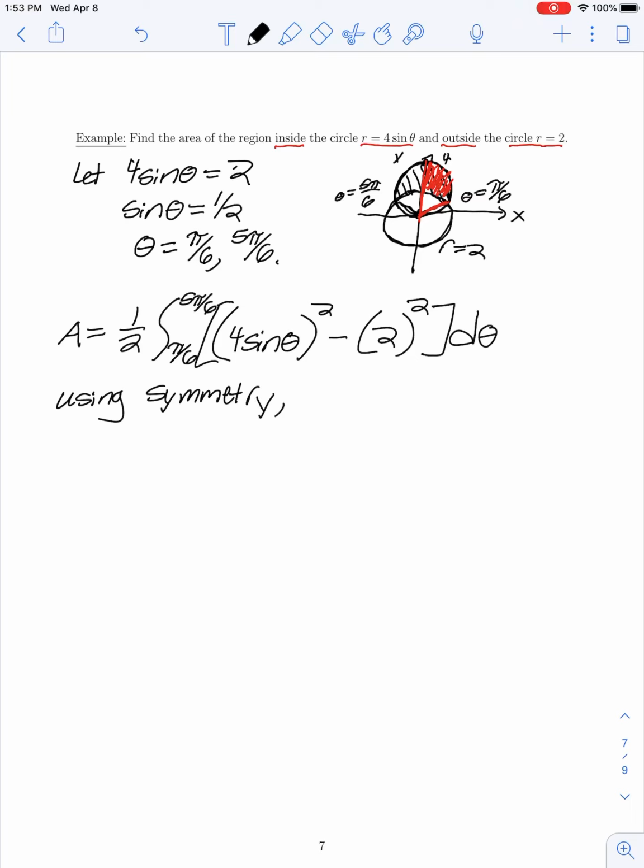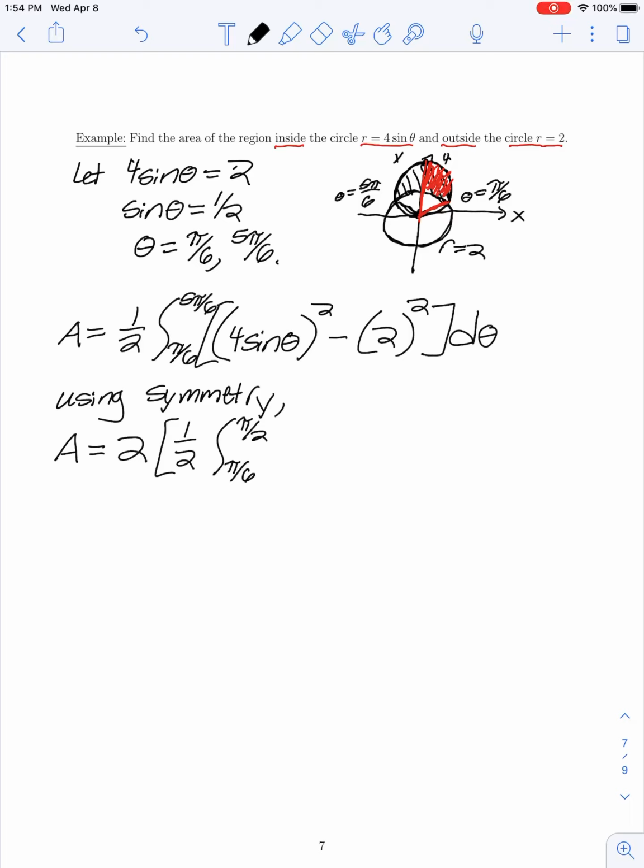So here, making use of symmetry, the area of this region could be found by taking twice the area of this region from pi over 6 to pi over 2. And the reason that we might do this is it's a little easier to evaluate our trig functions at a value of pi over 2 instead of, say, 5 pi over 6.